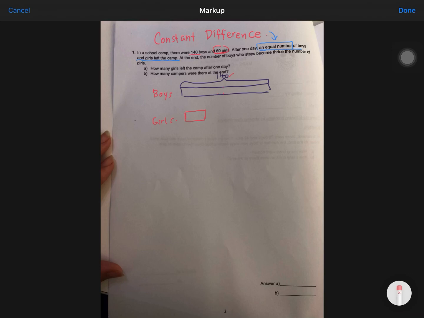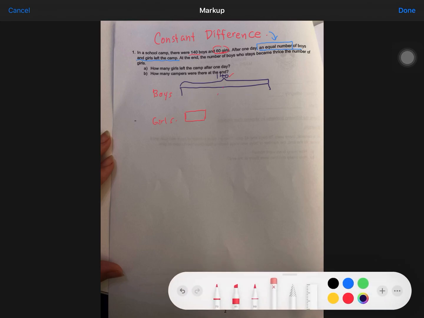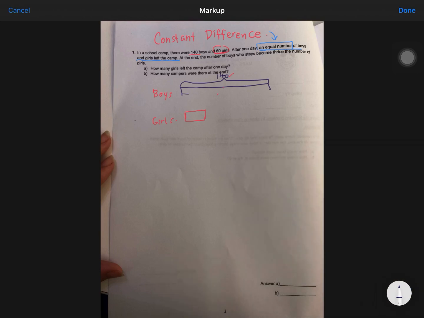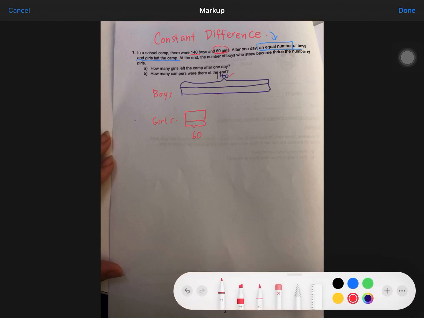Okay, I'm just going to erase this. I'm going to label where 60 goes. Now, the next one is the equal number of boys and girls left the camp, so I need to cut.